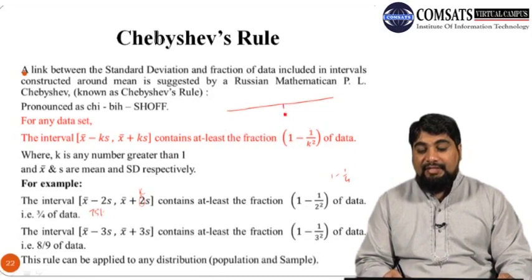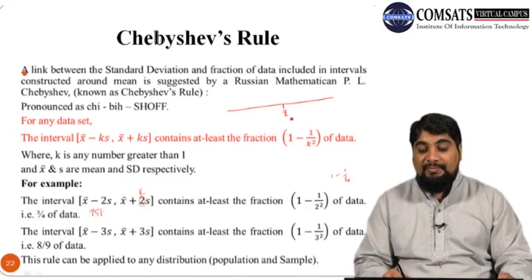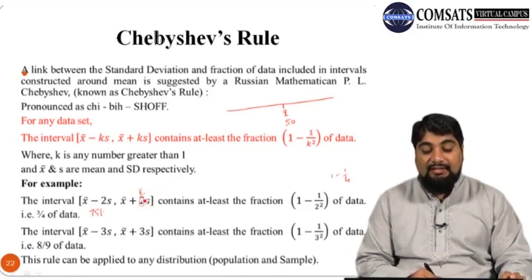In order to explain it further, suppose we have the arithmetic mean x bar here and we have a certain number as the standard deviation. So we need to multiply that standard deviation with 2. Suppose the mean is 50 and suppose this standard deviation is 5. So 5 times 2 we get 10. So it means x bar minus 2 times s, so x bar minus 2 times 5, so x bar minus 10 and x bar plus 10.